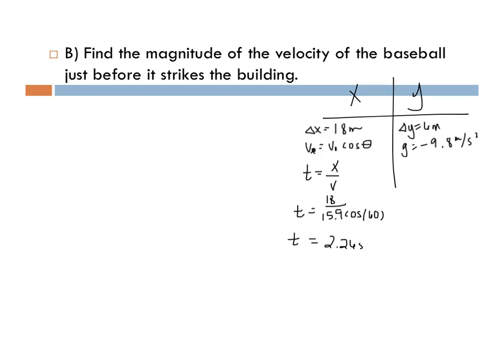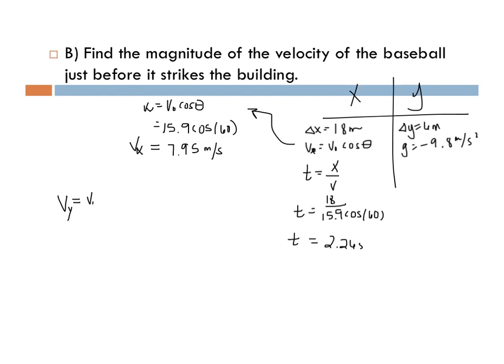And then while we're here, we can solve for our velocity in the x direction, which is velocity x is v naught cosine of theta. V naught is 15.9 cosine of 60. We should get a velocity in the x direction to be 7.95 meters per second. Now we want to solve for the velocity in the y direction as it hits.